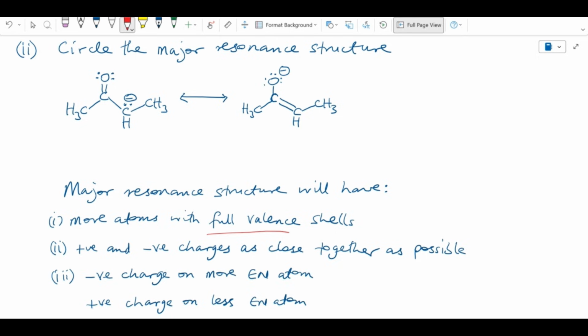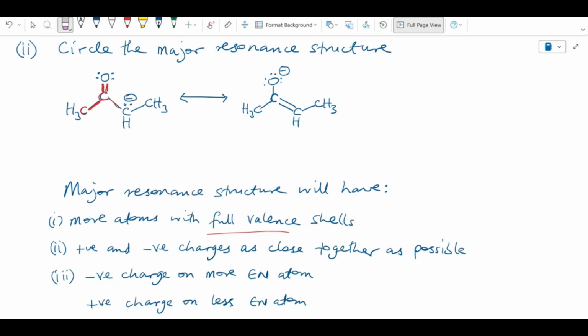Full valence shell. All of the non-hydrogen atoms here have full valence shell. For example, this carbon has 2, 4, 6, 8 electrons in its valence shell. This carbon has 3 bonds with the hydrogen, making 6, plus this bond to the carbon, making 8. So that carbon also has a full valence shell. The oxygen has 2, 4, 6, 8.